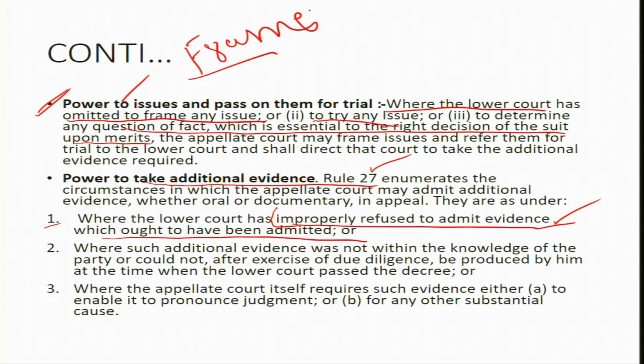Normally I have seen the lower or trial court say this evidence will not be accepted, then you can approach the first appellate court or the second appellate court, and the court will order that this evidence is relevant. It varies case to case, but this situation can be there. Being an advocate or a first or second year student, you have to understand this: there can be proper and improper refusal.